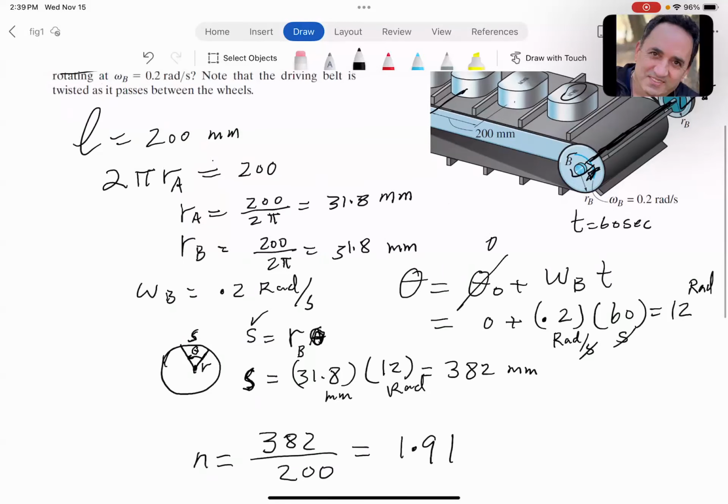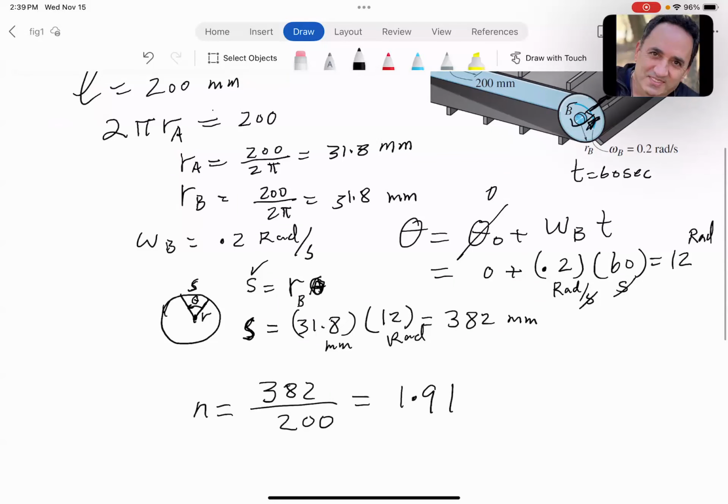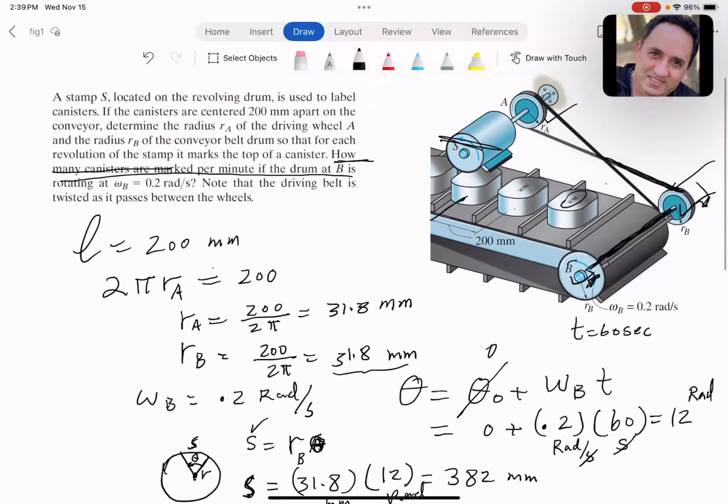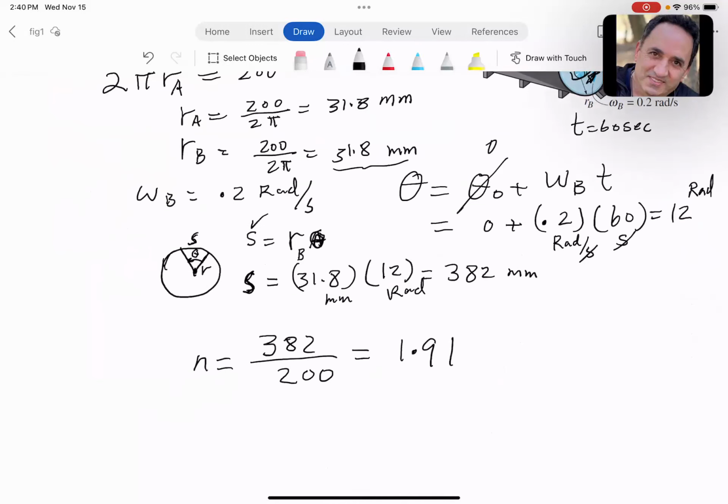But you could actually adjust the radius of this wheel so that we could have 2 canisters per minute. In this case, based on the dimensions that we have, in 1 minute almost 2 canisters are stamped. If you wanted 2 canisters stamped, that's a little bit more than 1 minute, maybe 65 seconds, 66 seconds, and so on.